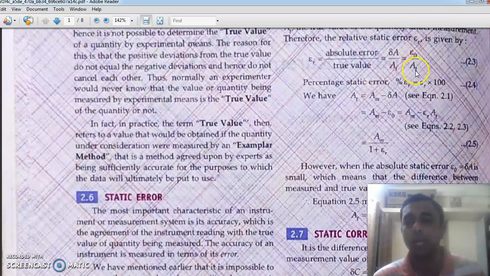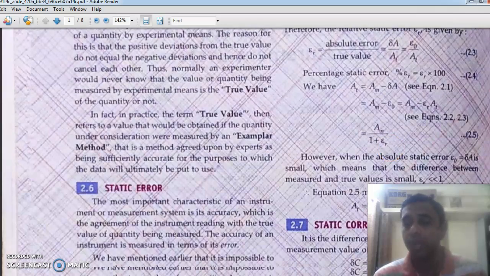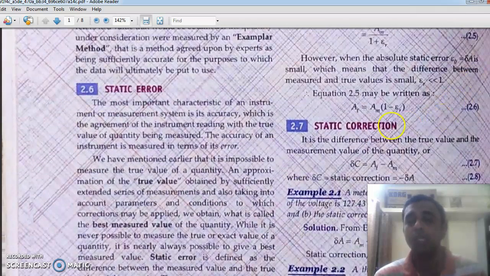That is epsilon naught by At is equal to epsilon r. From here, epsilon r multiplied by At is nothing but epsilon naught. You can substitute that, group the terms of Am and At, and At is nothing but Am by 1 plus epsilon r. So this is the relation between At and Am, that is the true value and the measured value, in terms of relative error. So if you know the relative error, you can get the true value. So At is nothing but Am multiplied by 1 minus epsilon r, approximately. So this is the relation between At and Am in connection with epsilon r.